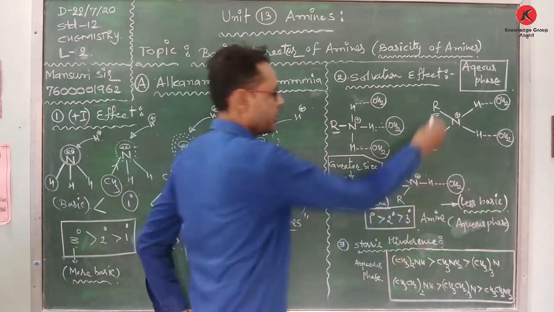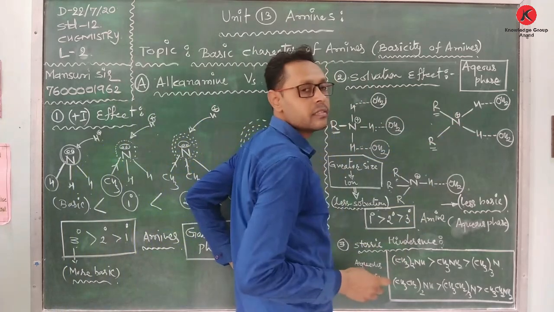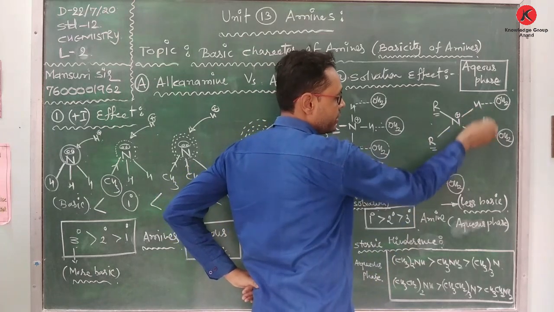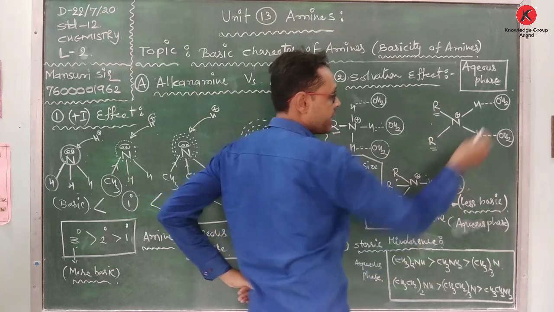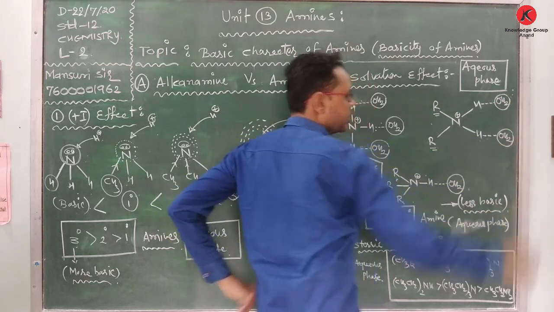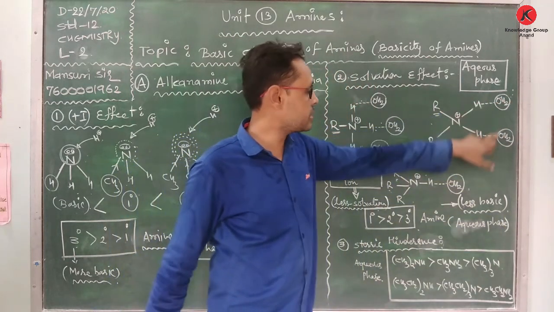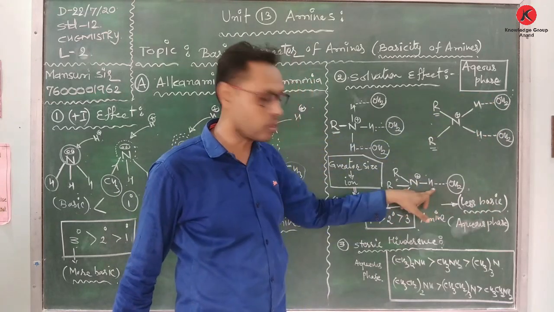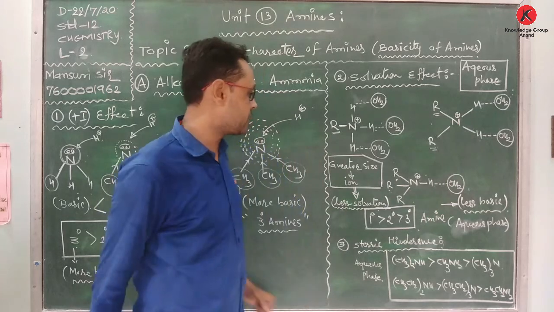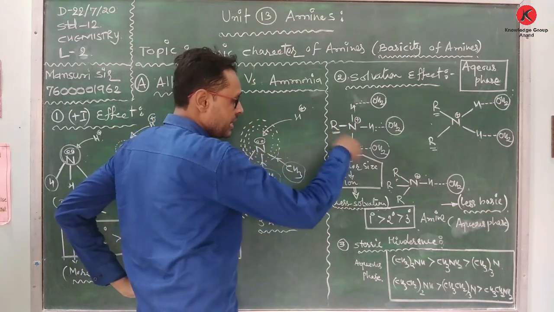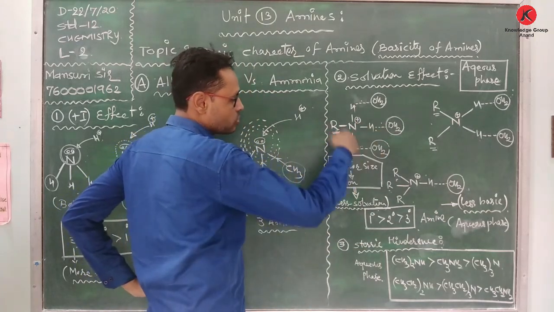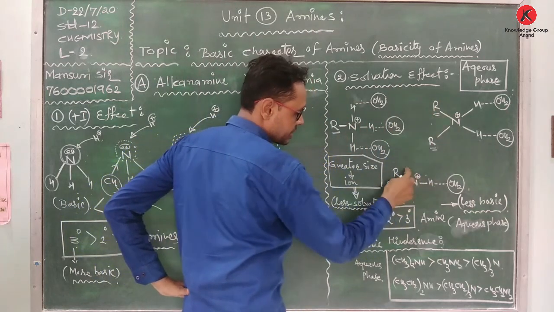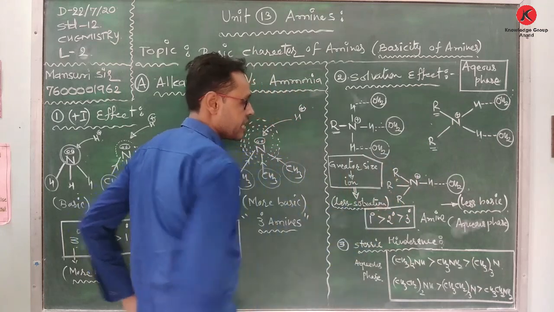But in secondary amine, the ion contains 2 hydrogens, that is why solvation will be on 2 sides, and here there is 1 side of solvation. So as we know, here the size of the ion is less, here the size of the ion is more, and here the size of the ion will be greater.